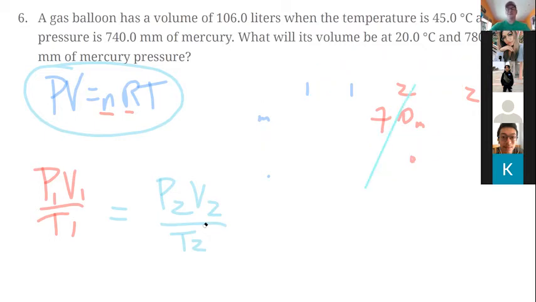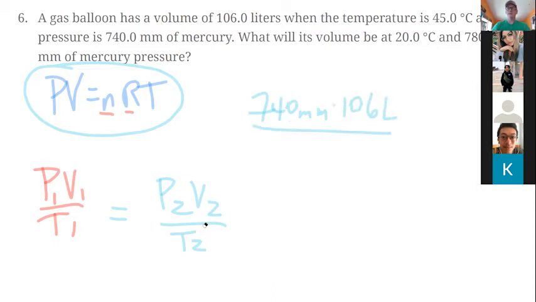Oops, never mind. Okay, so my P1 is 740 millimeters. My V1 is 106 liters. And my T1 is 45 degrees.